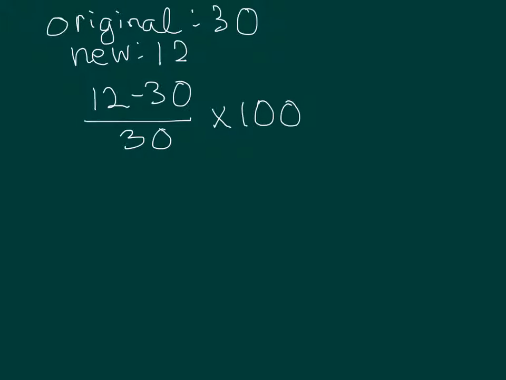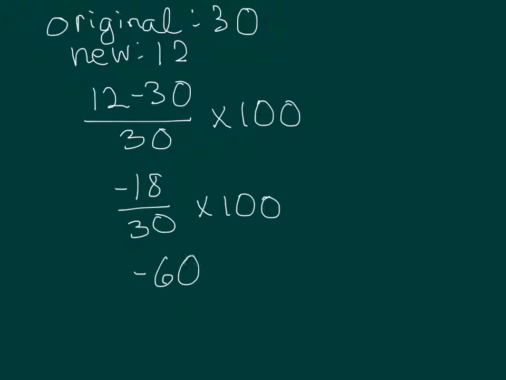Okay, so we have 12 minus 30 is negative 18 over 30 times 100. And that comes out to a negative 60%. Okay, so what we find out then is that we have a 60% decrease.